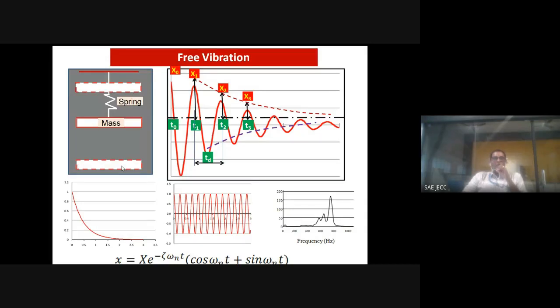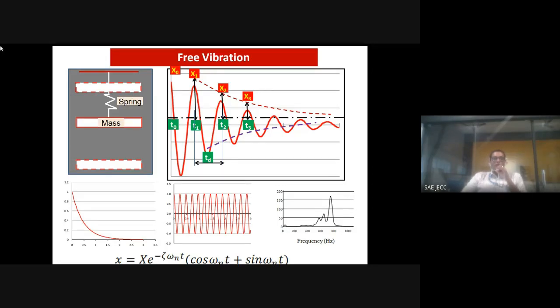There will be stored energy in the spring. The spring will be under elongation and will try to pull the mass back to the equilibrium position. Assume that you are pushing to the top, there will be a compressive force. At this point, the spring will try to push the mass in the downward direction.